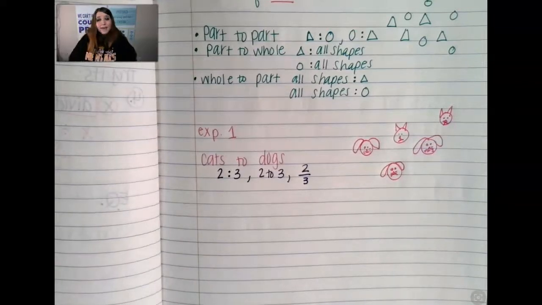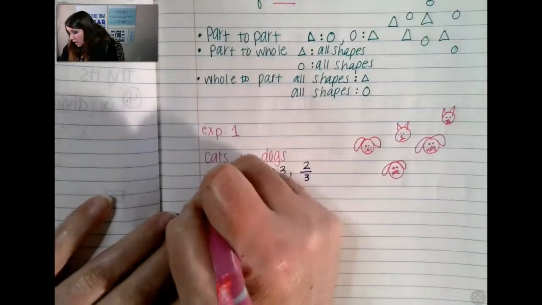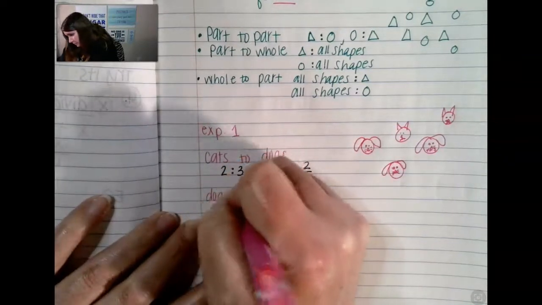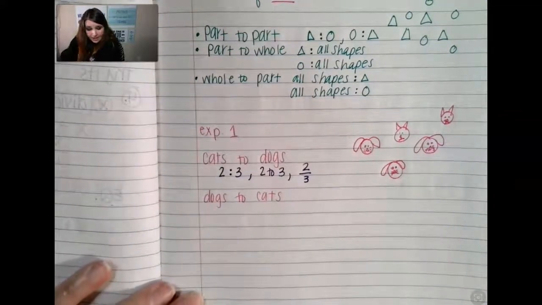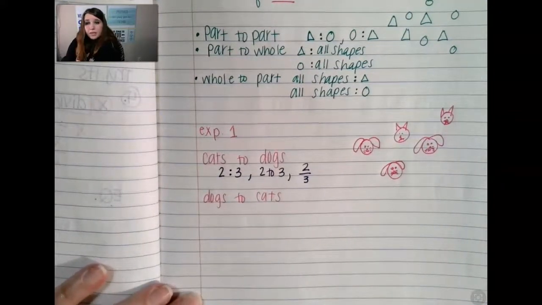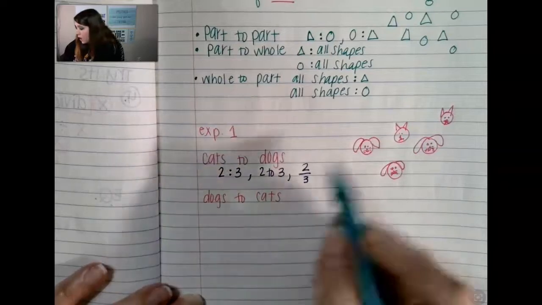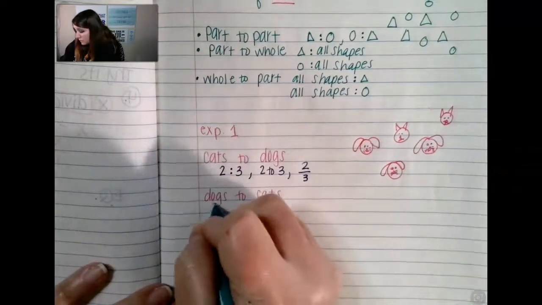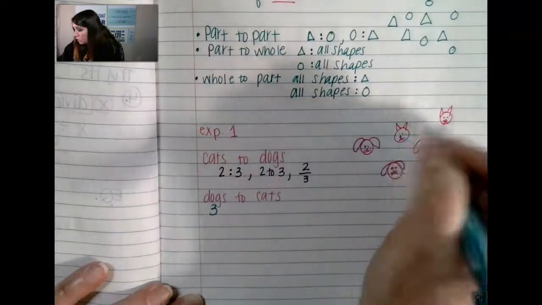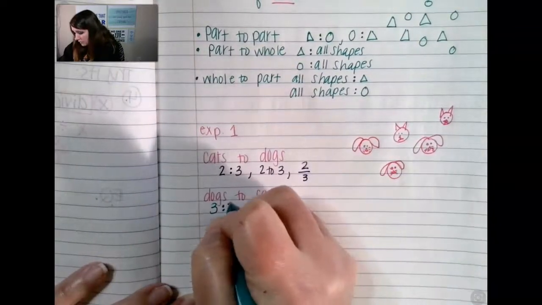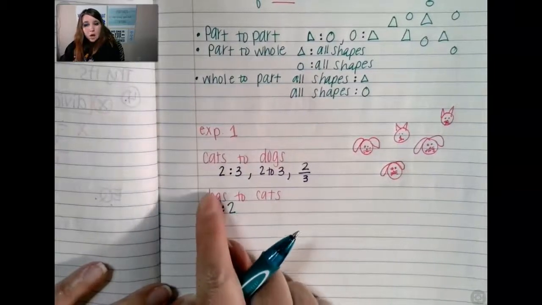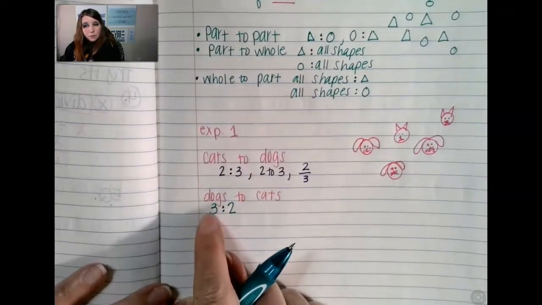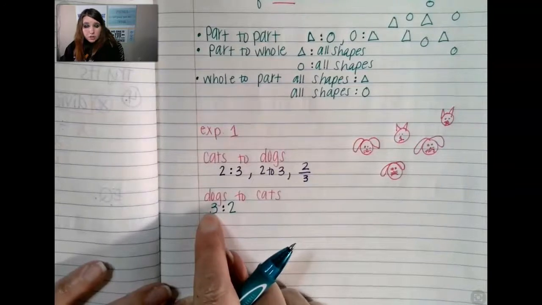Now let's say that they were asking about how many dogs to cats. Again, I would look at how many dogs there are. I have 1, 2, 3 dogs, and 1, 2 cats. Notice how the ratios are written differently. Because dogs comes first, I have to put the number for the dogs first.